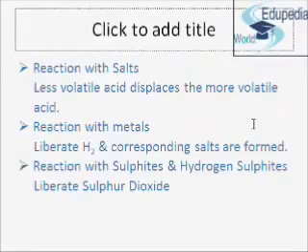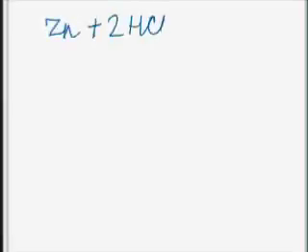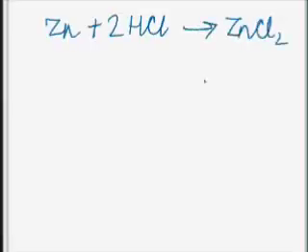Now reaction with metals. Acids react with metals which are placed above hydrogen in the activity series to liberate hydrogen, and corresponding salts are formed. Let's take zinc reacts with hydrochloric acid and it will form zinc chloride and hydrogen.